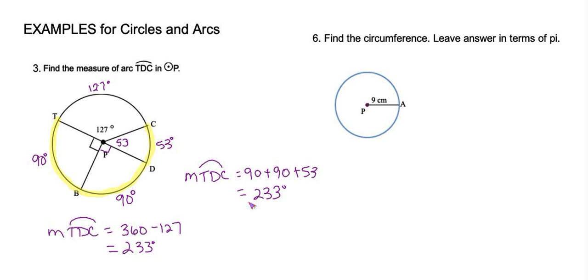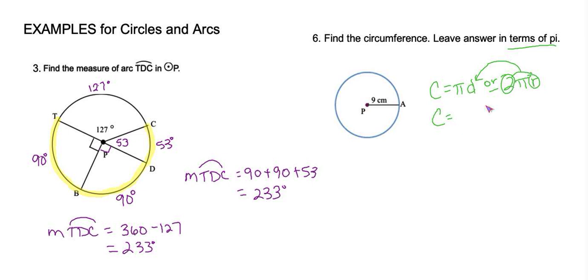Now, number 6 just says that we're supposed to be finding the circumference of this circle, and we're going to leave the answer in terms of pi. So my formula for circumference is pi d. Remember, d stands for the diameter. So you could also use 2 pi r, that's fine, because if you multiply the 2 times the radius together, that's the same as the diameter.